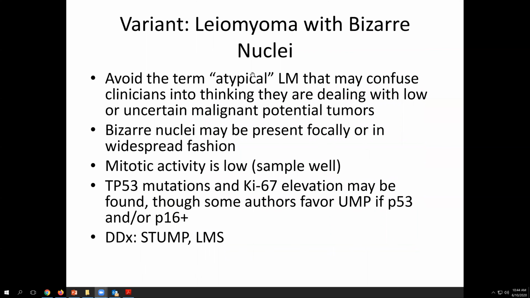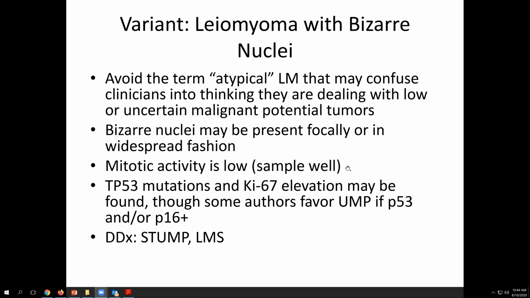Now, leiomyomas with bizarre nuclei can occasionally be confused with leiomyosarcoma. We want to avoid the term atypical in this situation because that is often misunderstood by those who read our reports, and they may be confused into thinking they're dealing with a low malignant or uncertain malignant potential tumor. Bizarre nuclei may be present focally or in many areas, and usually the true mitotic activity is low.